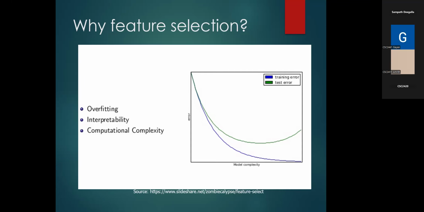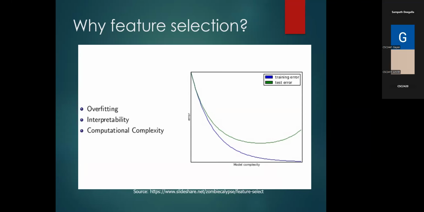When your model gets really complex, you will get very good accuracy in training, but after some point your error in test will increase. If you're getting better accuracy in training but poor accuracy on test, we usually say that this is overfitting. The term overfitting means your model tries to represent your training data as it is, and thereby, when you get new data, you will get poor performance.